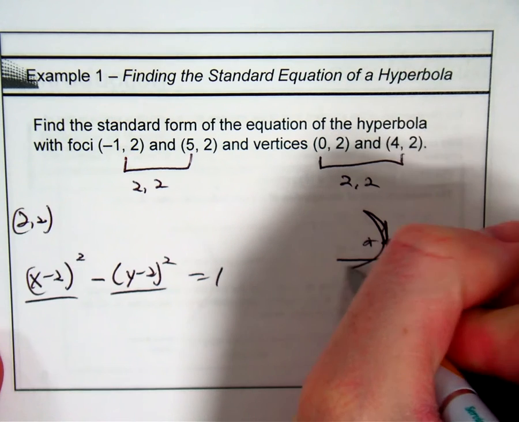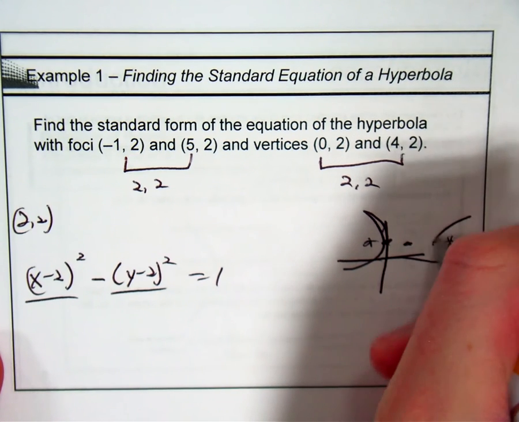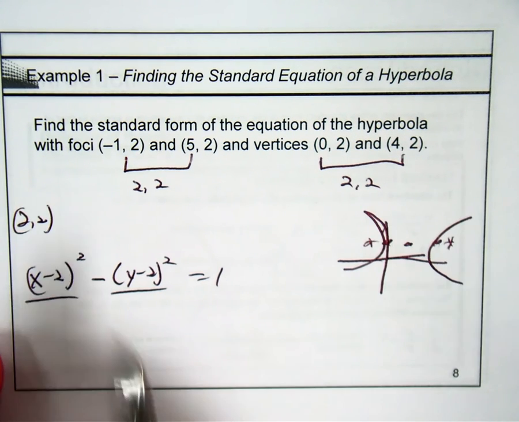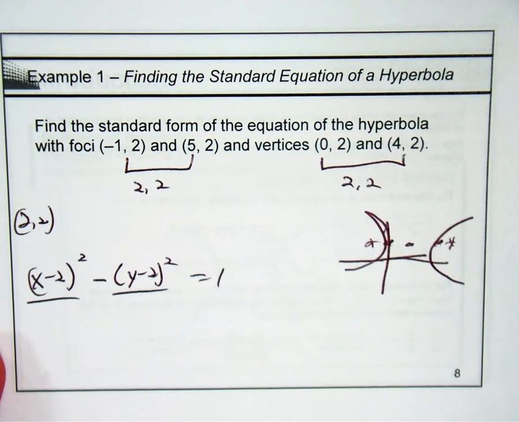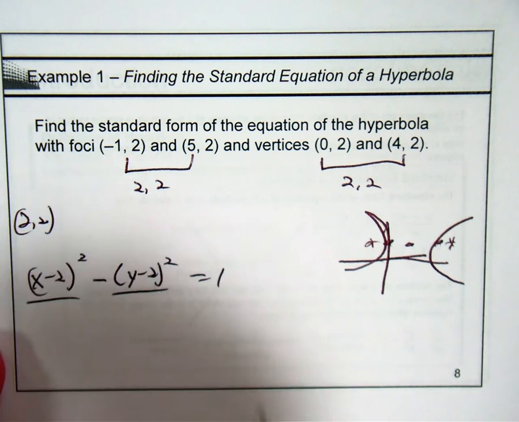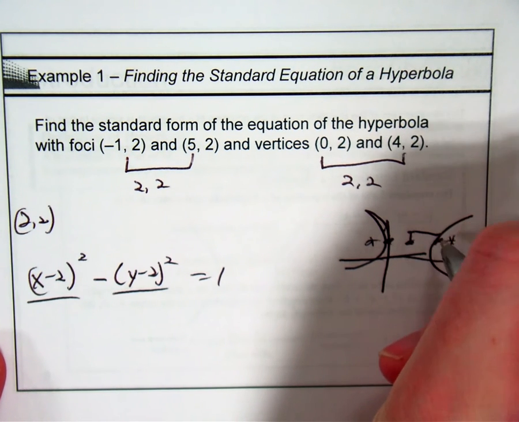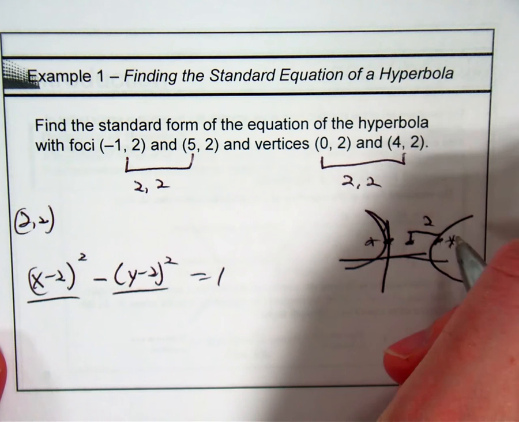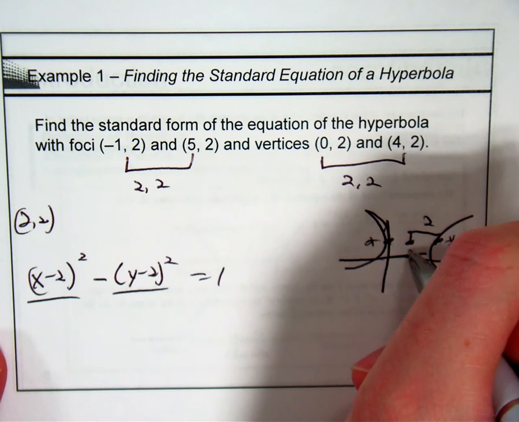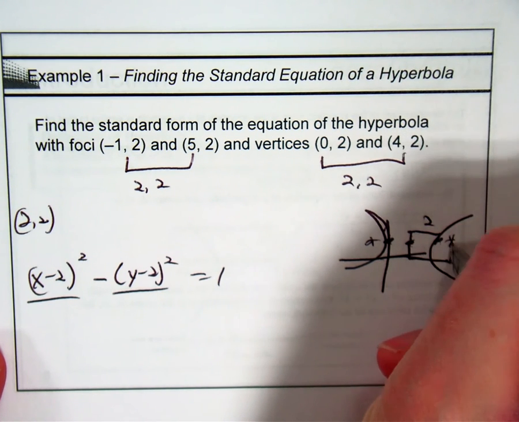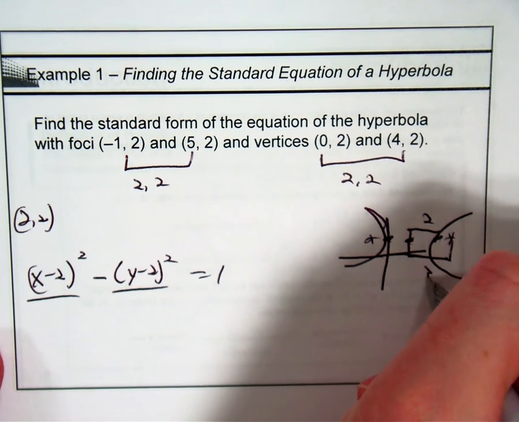And that's how I had x first. Okay, so the distance here from the center to a vertex, that's a length of 2. That's your a. And then from the center out to the focus point is 3, and that's your c.